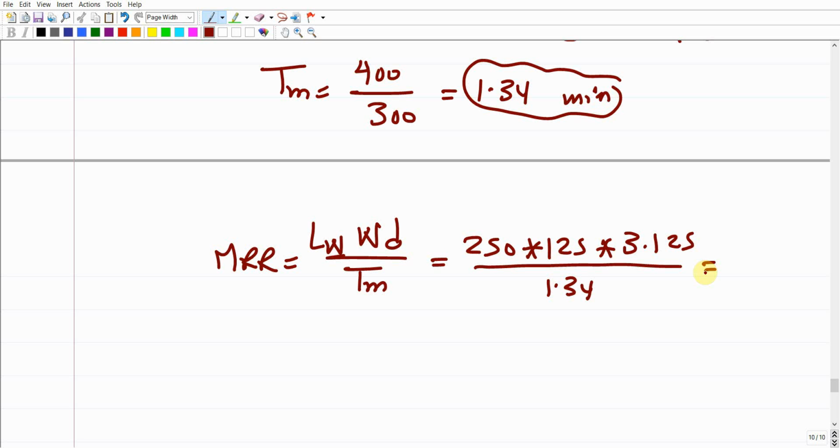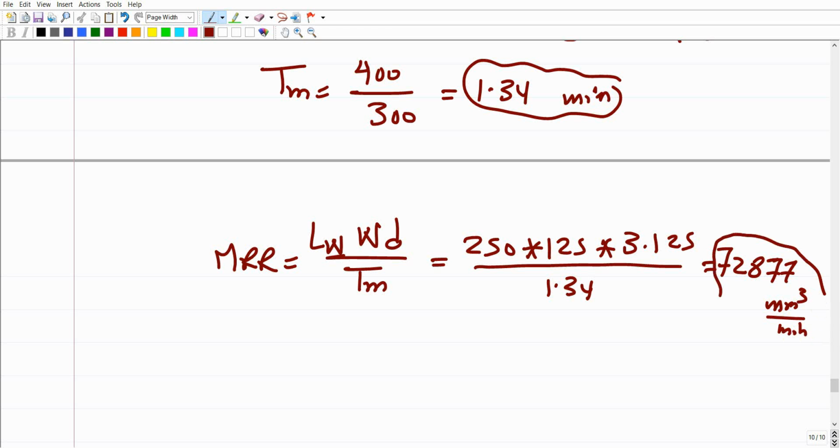This is going to give us 72.877 millimeter cube per minute.